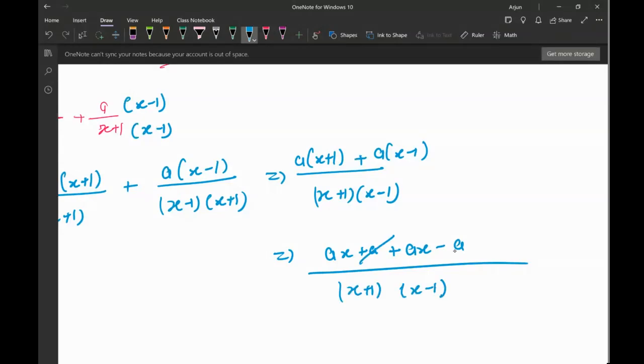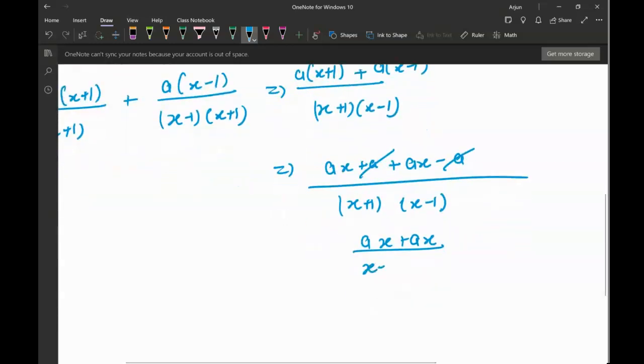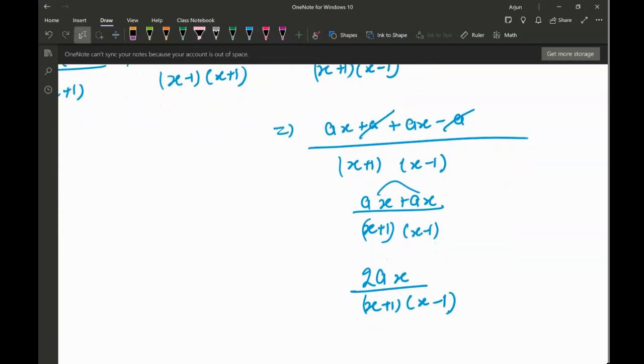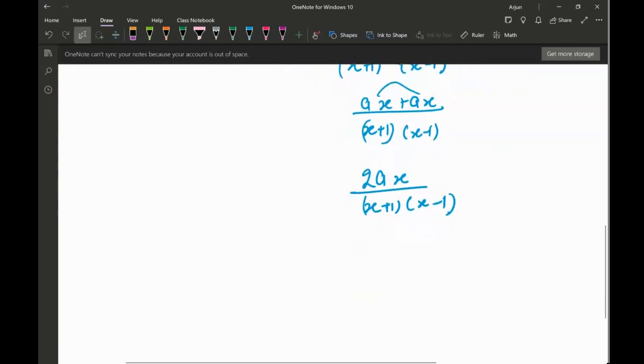And then I can cancel these two terms. Ax plus ax, these two are like terms, so 2ax upon x plus 1, x minus 1. Okay, so that's how you're going to add or subtract them.